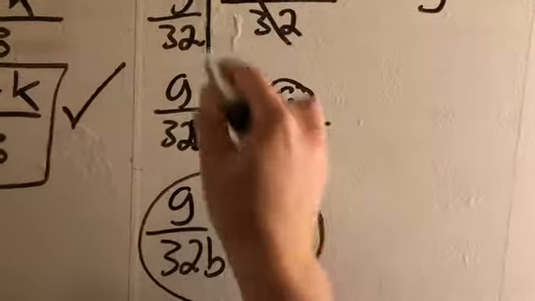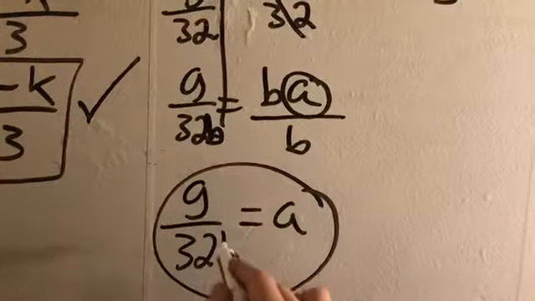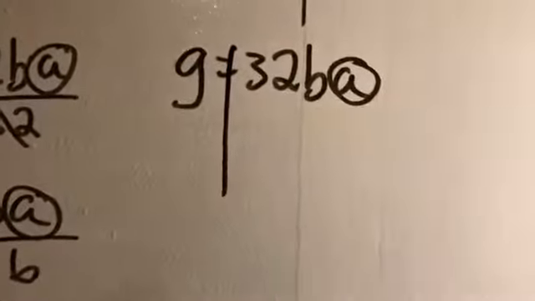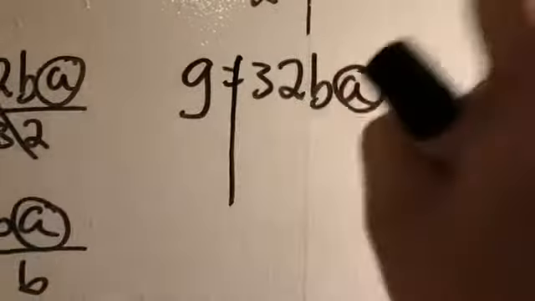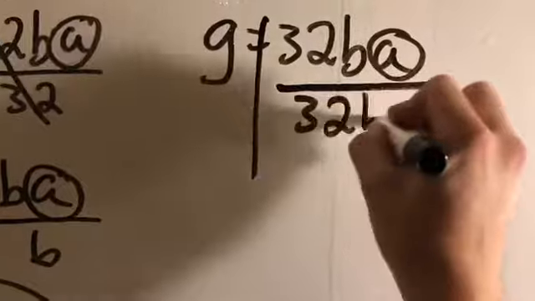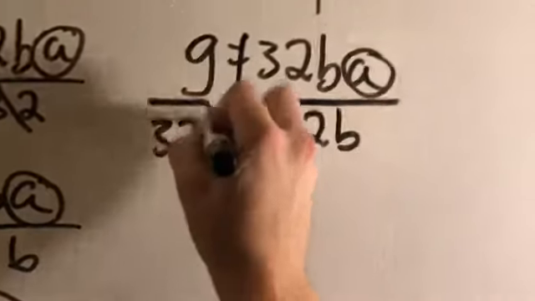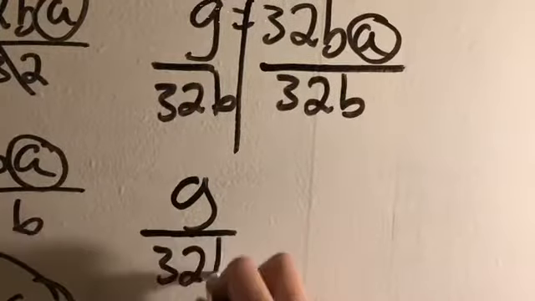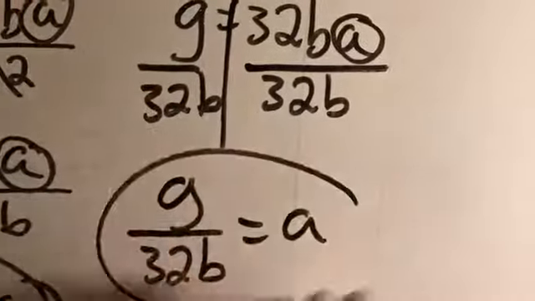And whenever we divide, we just put that number or that letter in the bottom of the fraction, and that means division. Now if you wanted, we could have done that in just one step. Since that's 32 times B times A, I could have just straight up divided by 32B instead, and then boom. That jumps right to the final answer.